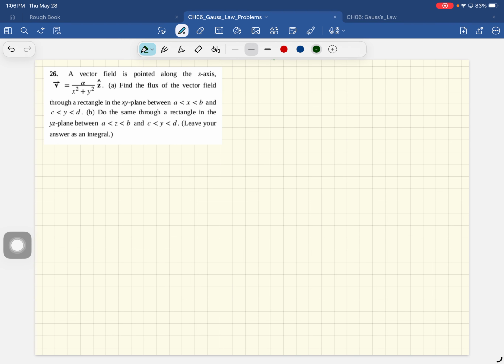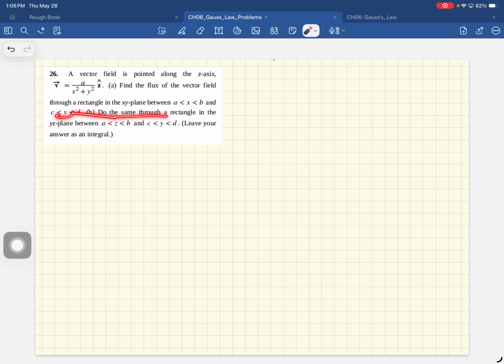So the flux is E dot dA, and a small area element is dx dy, so dA is dx dy k hat.